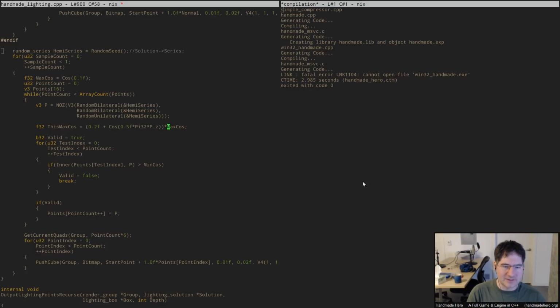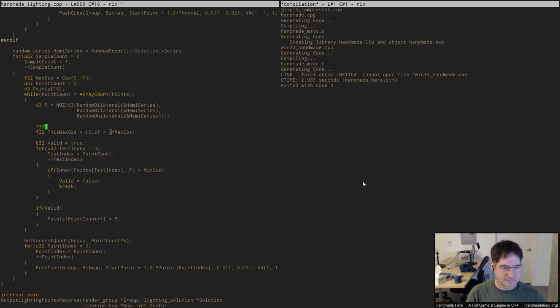And so the maximum cosine value here, although we do have our adjustment value, which is fine, we need to phrase this a little bit differently, because in this case, what we would rather do is we want that maximum cosine to get higher, not lower, right? We want it to get higher as we go up the sphere. So the maximum cosine is going to be rather inverted from where it would have been.